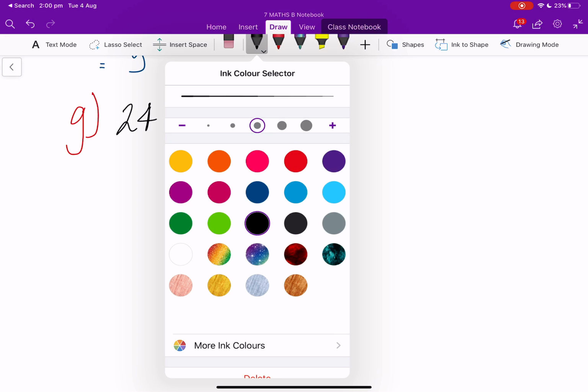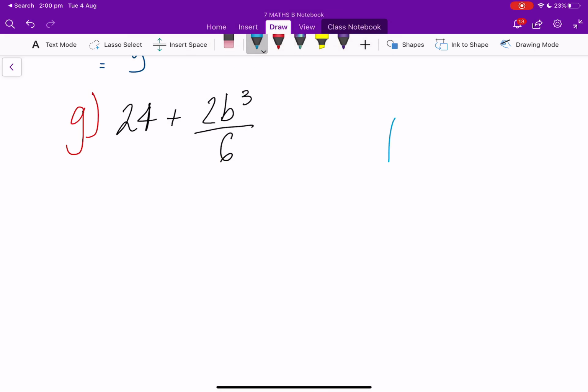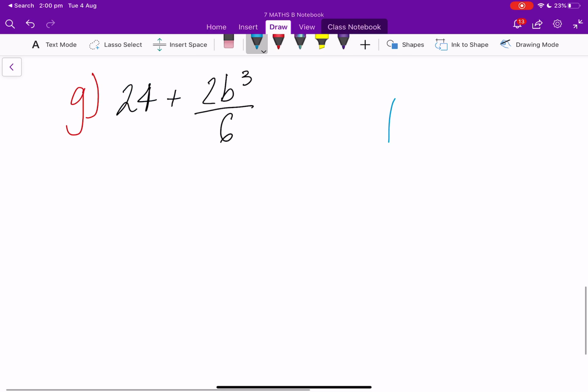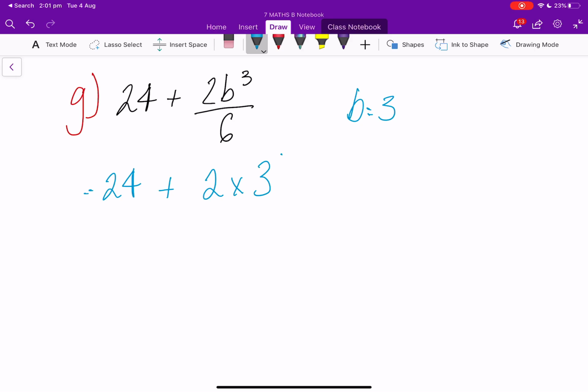Okay. Now we said b was 3. Now let's substitute in: 24 plus 2 times 3 cubed over 6.